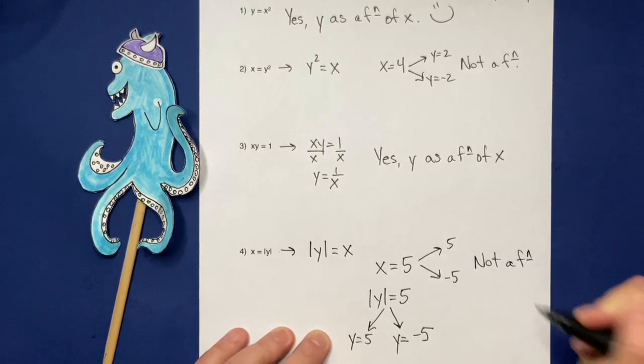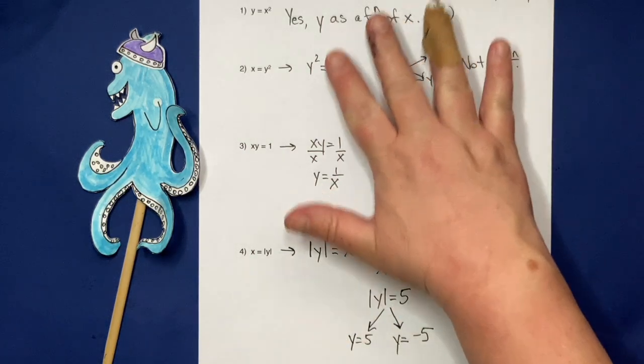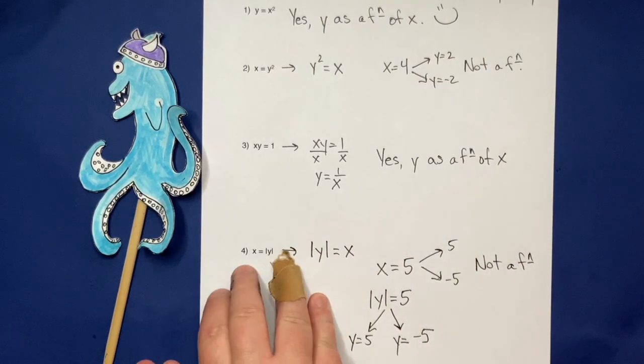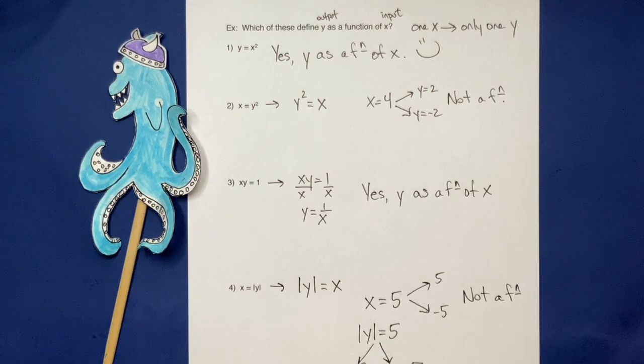So this is going to boil down to, does it look weird? If it looks weird, can you find an x value that corresponds with more than one y? And honestly, these problems are hard. They really are. These can be very frustrating, very confusing, so give it your best shot.